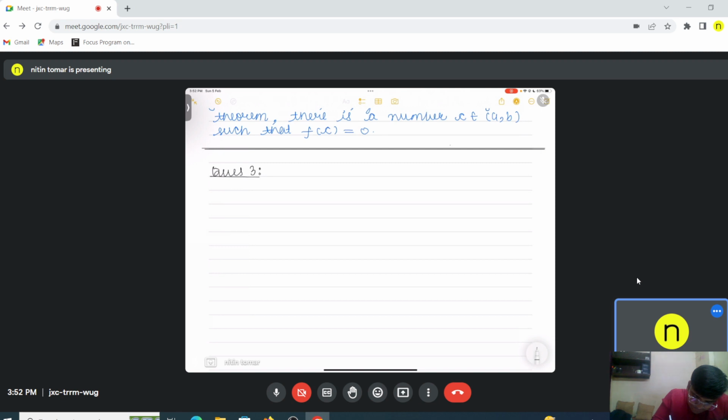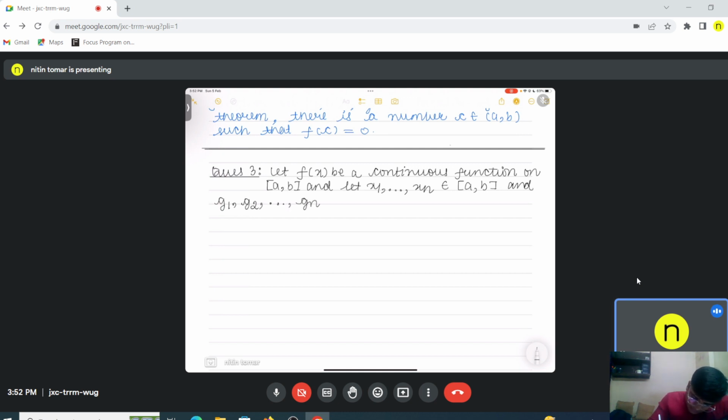Question number 3. Let f(x) be a continuous function on [A, B], and let x_1 up to x_n be n many points in the closed interval [A, B], and again let g_1, g_2, up to g_n be non-negative real numbers.